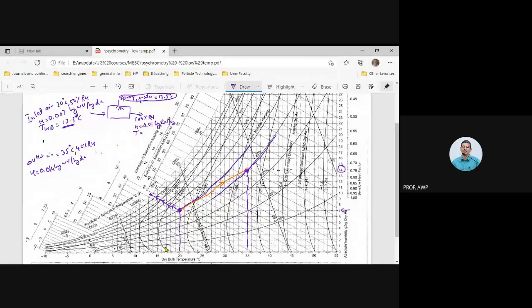And it will come to a temperature of the wet bulb temperature, which is 13.5 degrees centigrade, because it has now become 100% RH, 13.5 degrees centigrade, right? Now if I heat this air to 35 degrees centigrade, I will reach here. Do you agree with that?